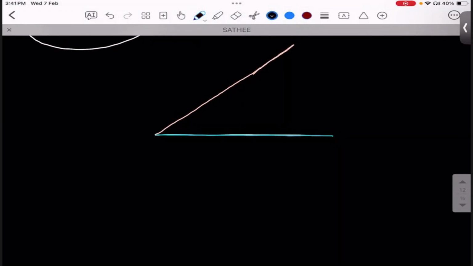This is the origin O. This is the initial state. This is your terminal state. Now I need to find the angle between these with the help of radian measure. Before that, we will know what is 1 radian.